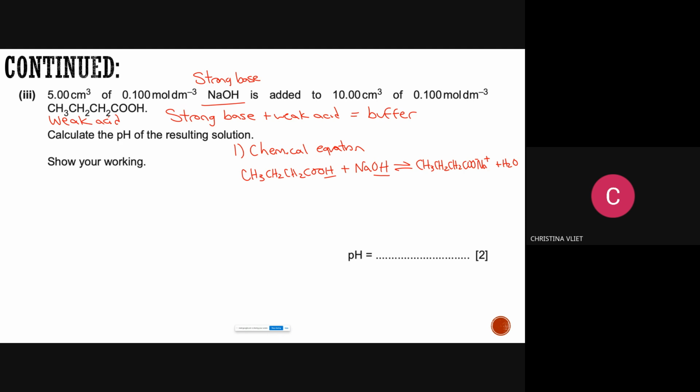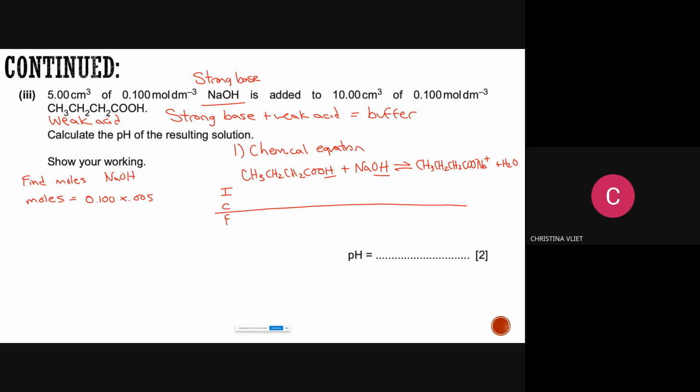This is supposed to be what we use to do this, but we can't do this if we don't have moles. So we have to go get moles. That's what I'm doing on the side of each. I'm going to do NaOH first. What's the formula for that? You remember from the last one? Multiply, right? 0.1 times 0.005.